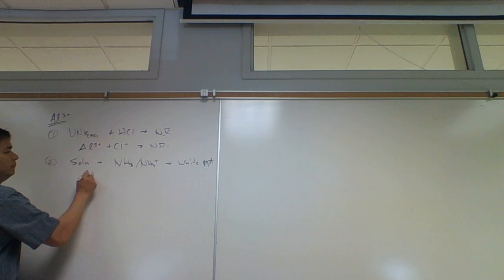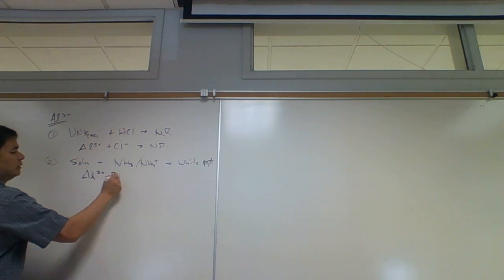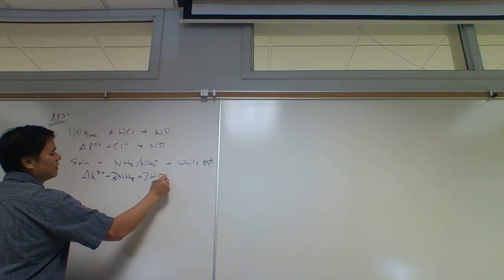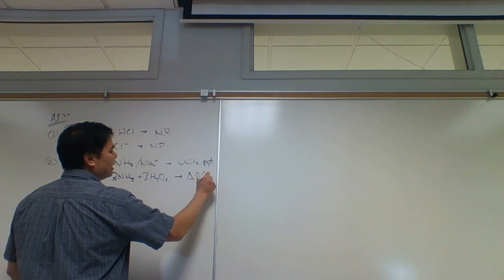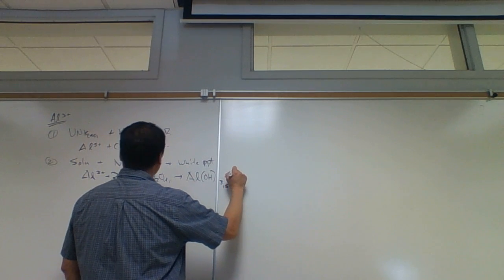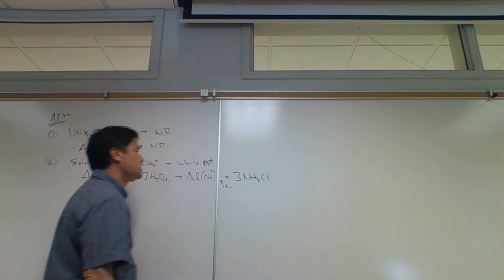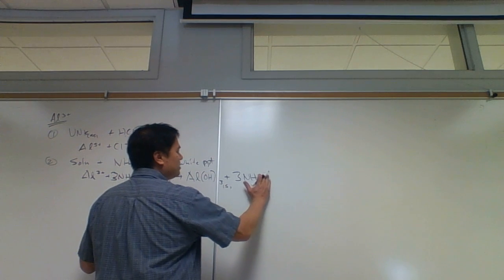Well, anyway, that's aluminum plus 3 ammonia plus 3 H2O liquid gives us aluminum hydroxide solid plus 3 ammoniums, this is net ionic.